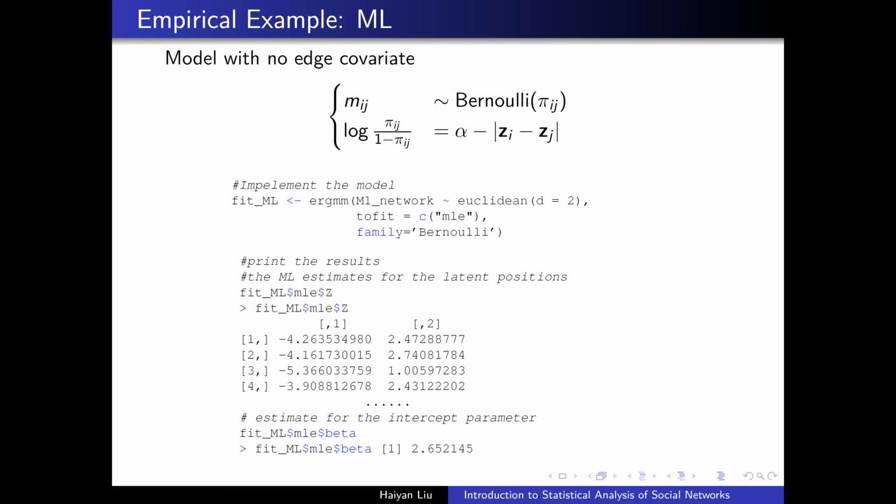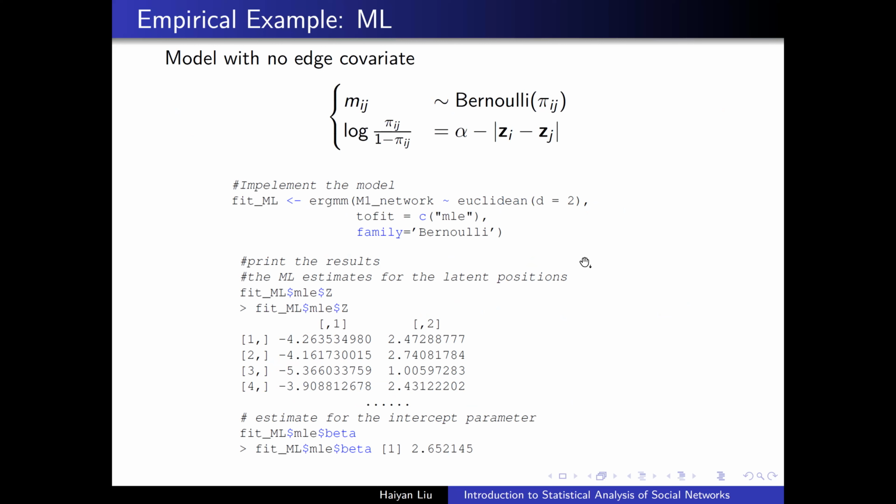So I'm now going to use the empirical example to illustrate both the maximum likelihood and the Bayesian estimation method. So we could fit the latent space model to the college friendship network. We first fit the model with no edge covariate. So what's going to predict the network?